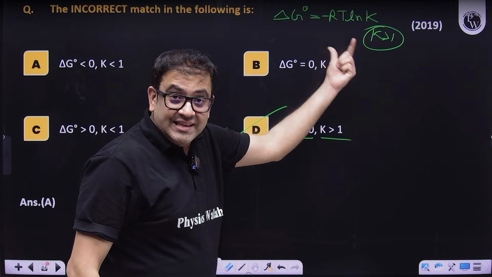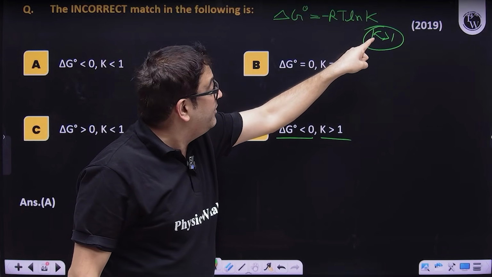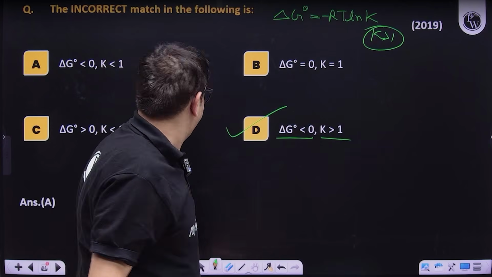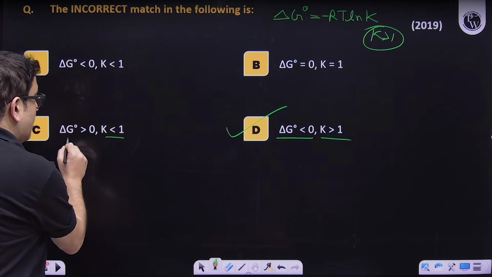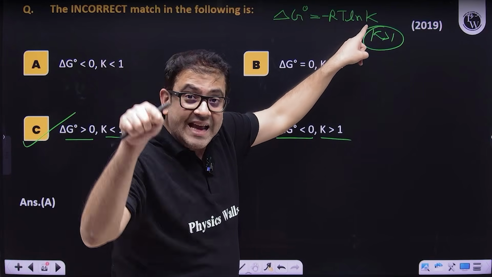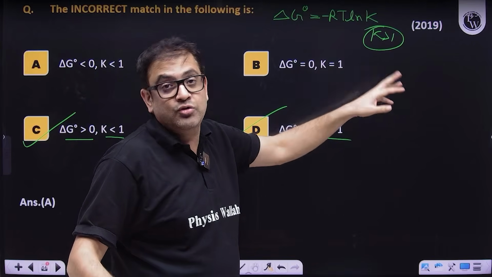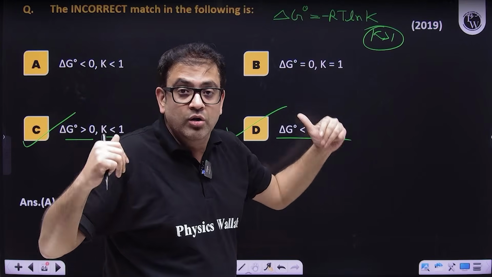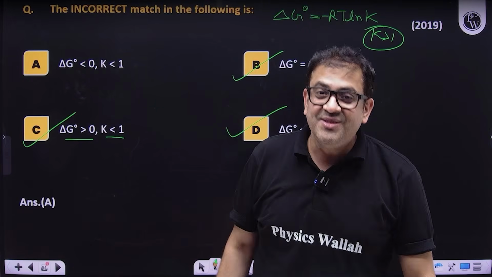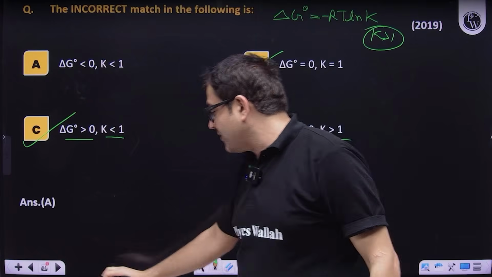If k is less than 1, log k will be negative, and then this negative and this negative will become positive. So if k is less than 1, delta G naught is positive. Absolutely right. If k is exactly equal to 1, log of 1 to the base anything, even ln, to the base e also, is 0. This is also right. But you are asked the incorrect statement, so this will be your answer because these three are correct.